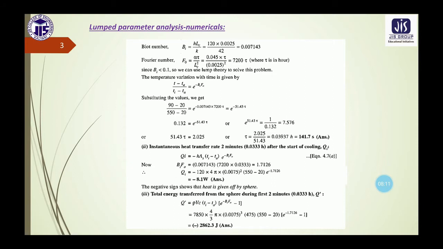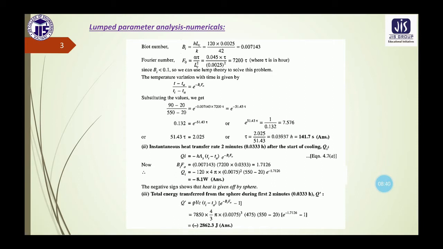So we need to use that value of tau to calculate the Fourier number. Ultimately we get the multiplication of Biot number and Fourier number equal to 1.7126. If we put this value in the equation, finally we get the instantaneous heat transfer rate as minus 8.1 watt.